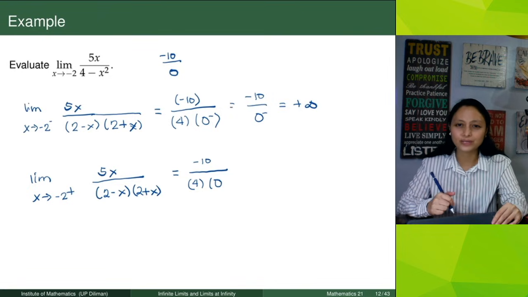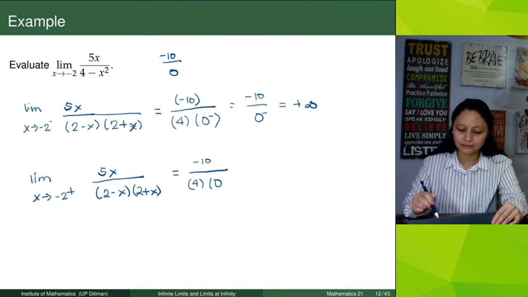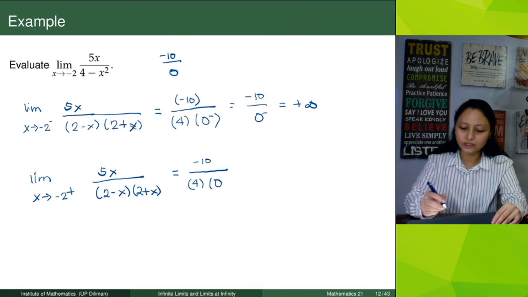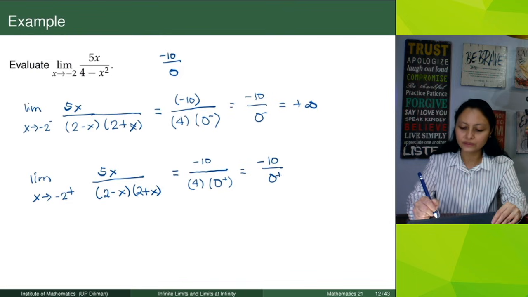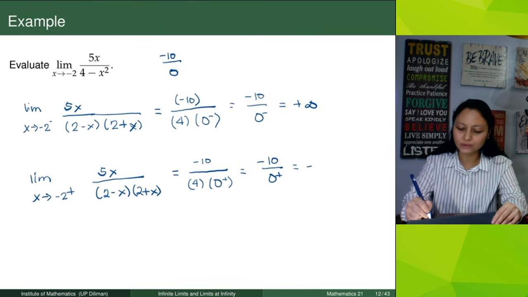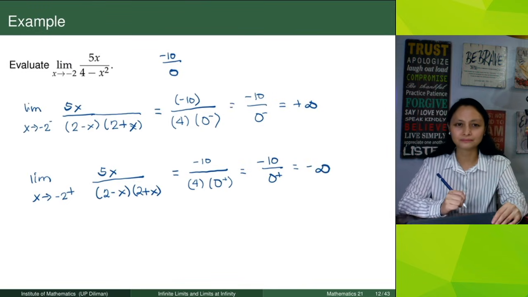Say, negative 1.9. So 2 plus negative 1.9, that's 2 minus 1.9, you get a positive value. So here, you'll be approaching 0 through positive values. So this is equal to negative 10 over 0 through positive values. Negative divided by positive is negative. Therefore, this is equal to negative infinity.